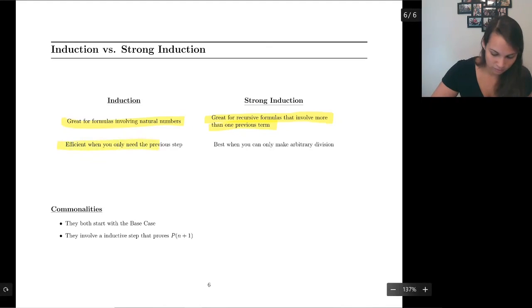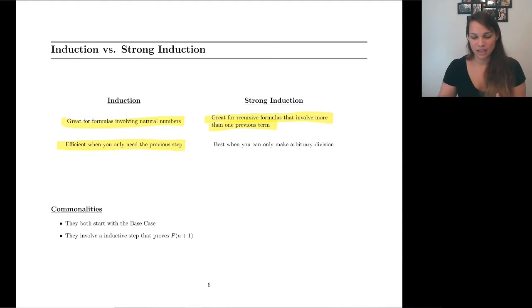Induction is great when you only need the previous step. And strong induction, again, is what you want when you have to do arbitrary divisions. We did two of those problems: breaking up a chocolate bar, and proving that you can write a composite number as the product of primes.